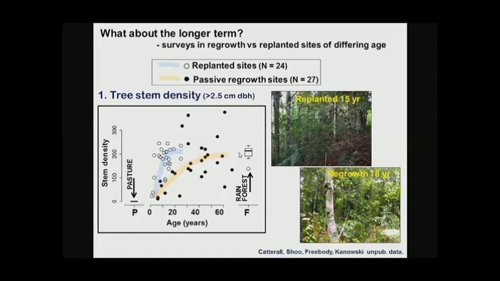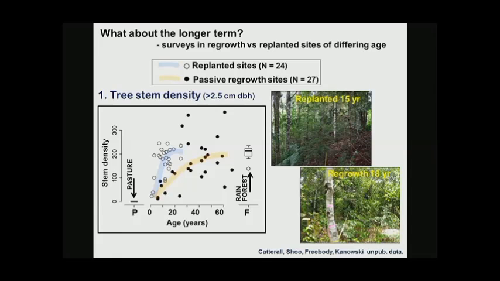And in replanted sites where people plant trees, you get back to rainforest levels within a few years, as you'd expect. In regrowth sites, the places where people walk away and leave it to its own devices, you get back to within about 40 years. So it's a slower process, but you do acquire a reasonable number of trees. So it starts to look more like a forest.